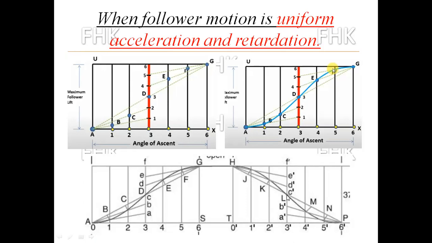Third L point is the intersection of this and this last line here. And next intersection point M is the intersection of B and this 4, or this 4 and this 4. Okay. Likewise, you will get the different points J, K, L, M, N, and these points you will join by a smooth curve when the motion of the follower is uniform acceleration and retardation for a return stroke also.